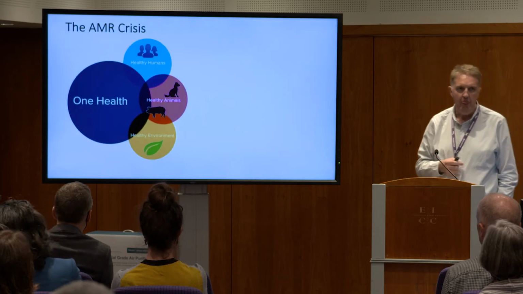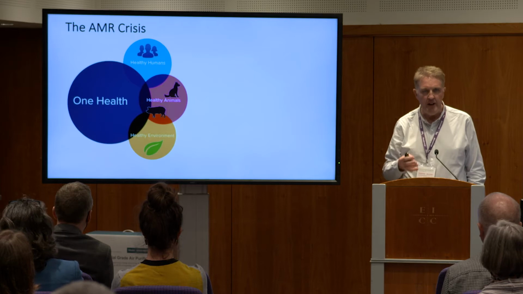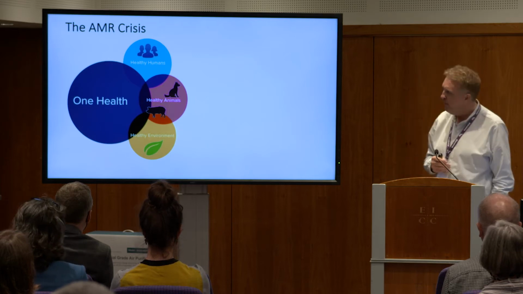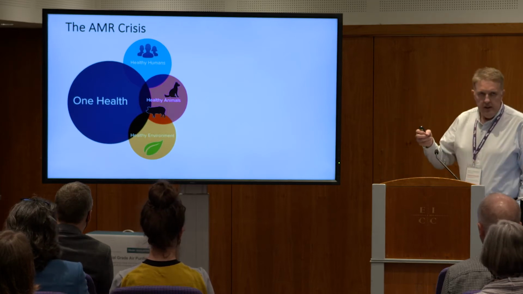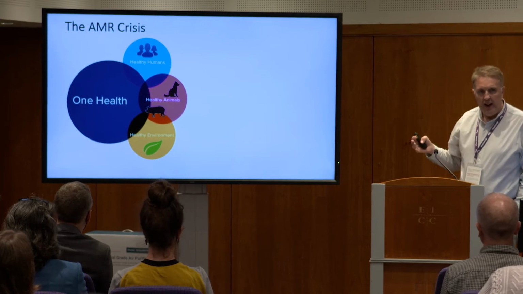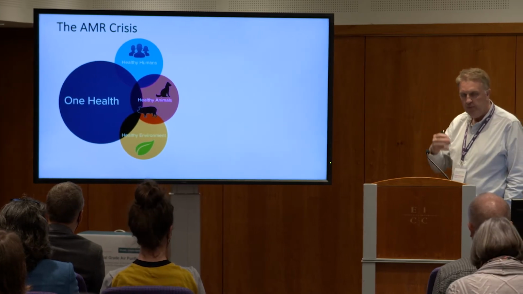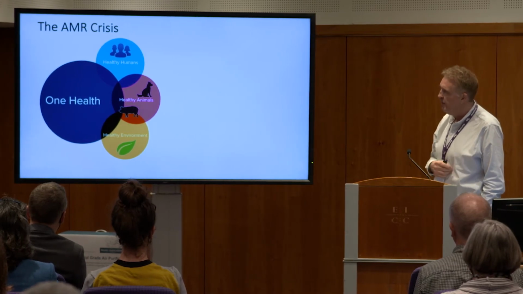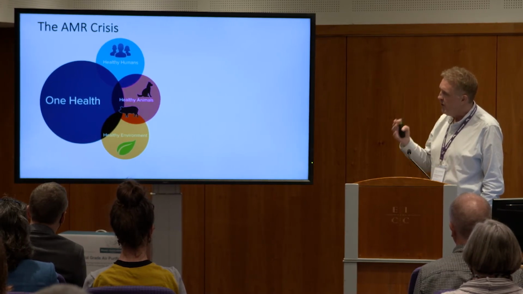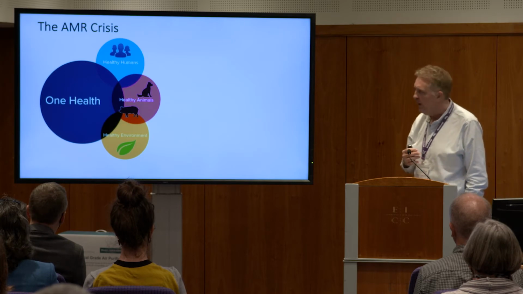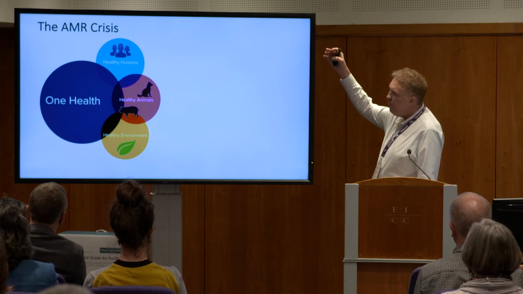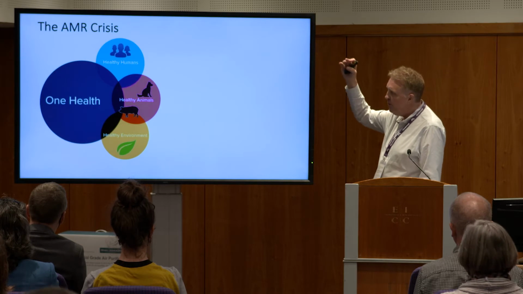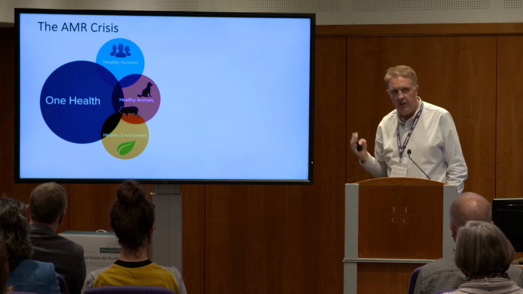So, how does the environment fit into this problem? In recent years, the One Health approach has come to the fore in many aspects, but especially for me, in my understanding of the AMR crisis. One Health means you need healthy humans, healthy animals and a healthy environment.